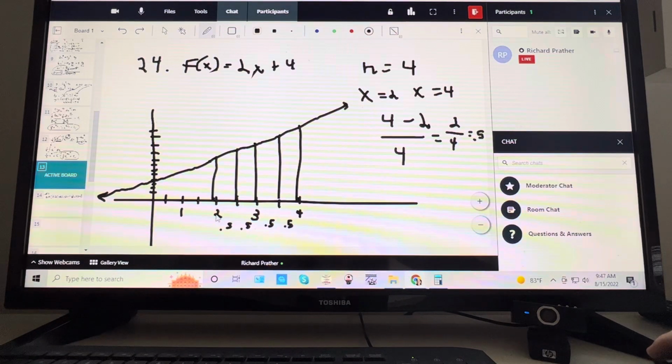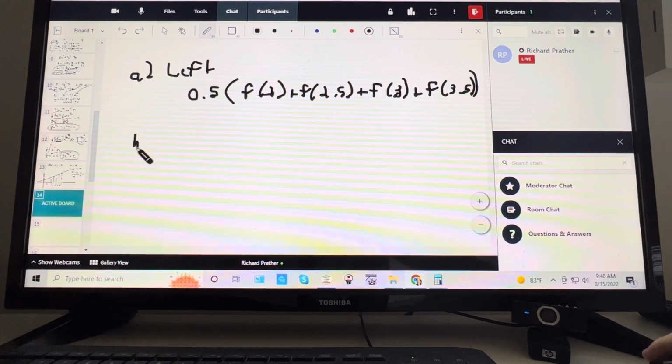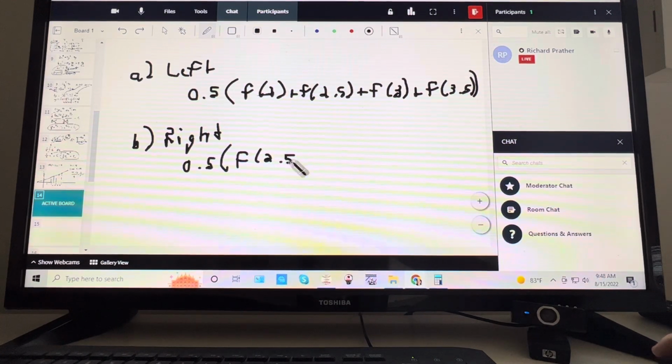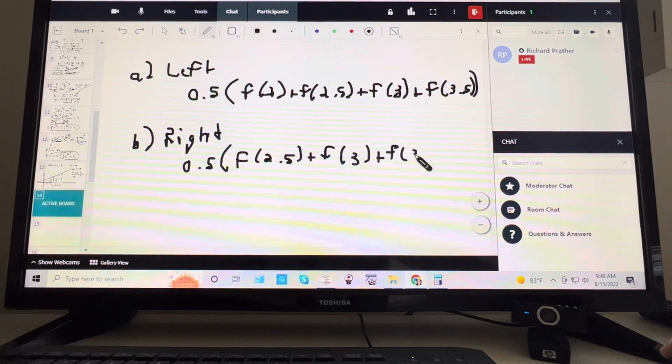We're at 2, we're at 2.5, we're at 3, we're at 3.5. Then when you do the right endpoints, the only thing that changes is you start at f of 2.5 instead of 2, and you're going to get the 3 and the 3.5 still. But then you go all the way to the right, which is f of 4.